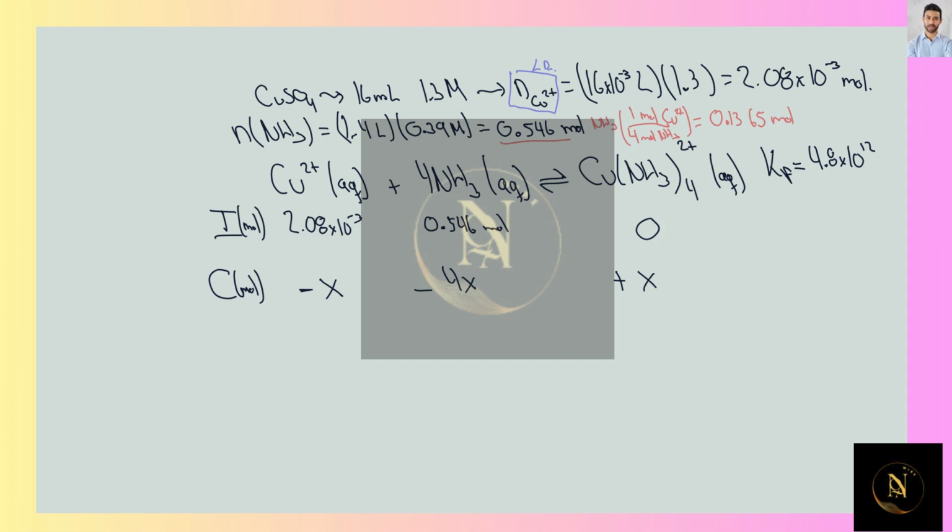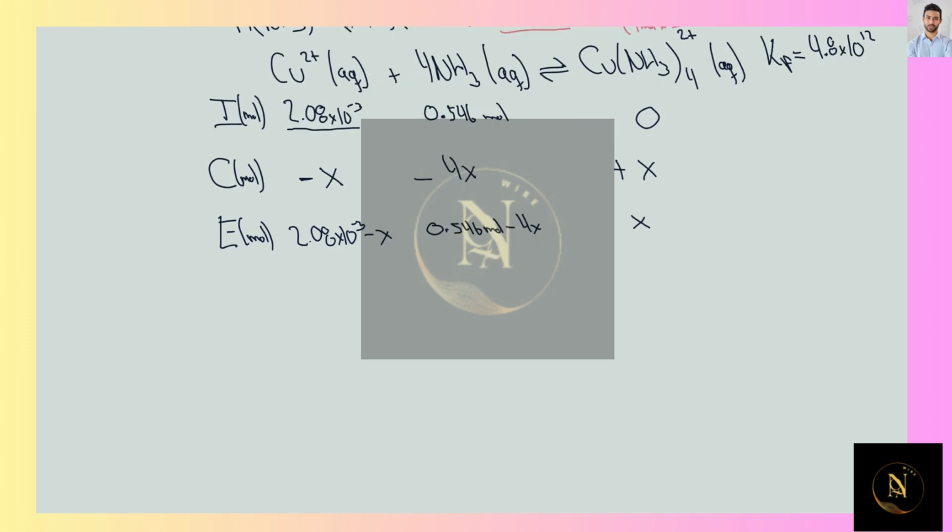Of course, this quantity is going to be close to the initial value for concentration. But here we are not assuming anything yet. So that means that at equilibrium in amount of mole, we're going to get 2.08 times 10 to the minus 3 minus X, 0.546 mole minus 4X, and in this case, we're going to get directly the value for X. Now, we could convert this and do another ICE table for concentrations, just to exemplify how things are going to work out in molarity.